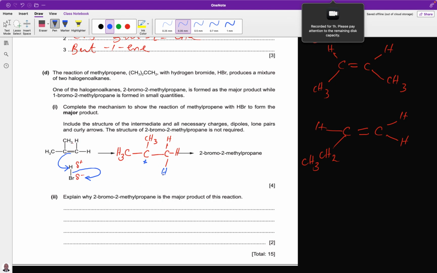Explain why 2-bromo-2-methylpropane is the major product. At this stage, as the pi electrons approach the HBr bond, the bonding electrons are repelled towards bromine. Eventually, it leads to heterolytic fission, with bromine going as a bromide ion with a lone pair of electrons.